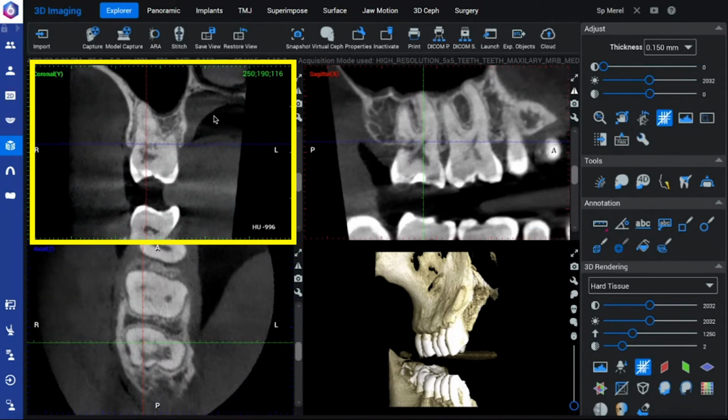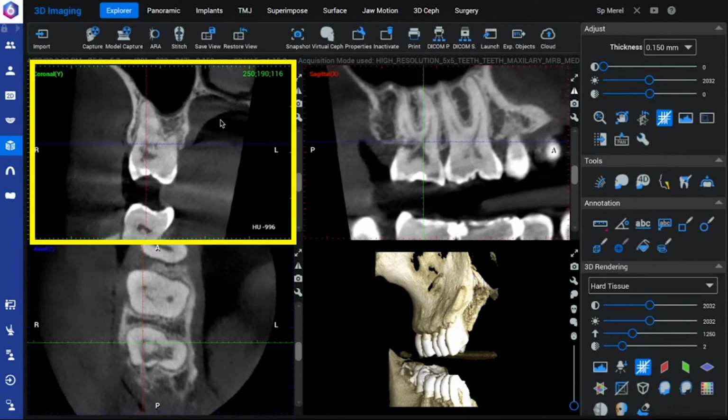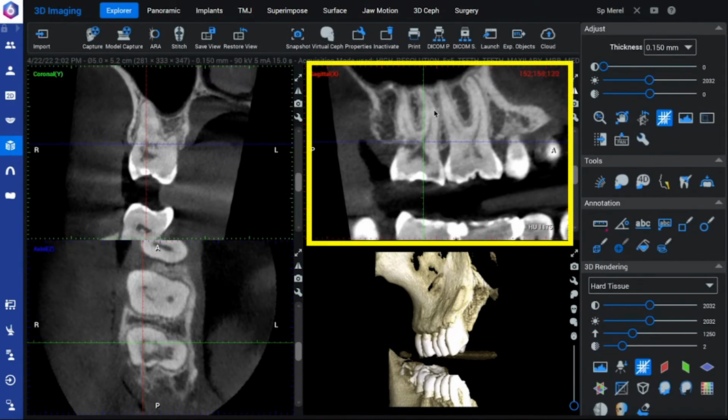For these buccal roots, we can see a lot of interesting findings. This distobuccal root is extremely curved, so some fun anatomy evaluations. But most importantly, what about that resorption defect? That resorption defect occurred right on the distal, just as we had discussed.